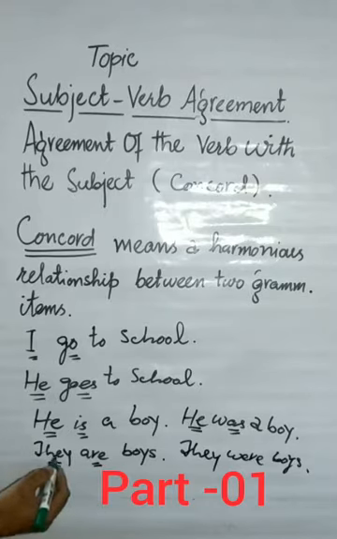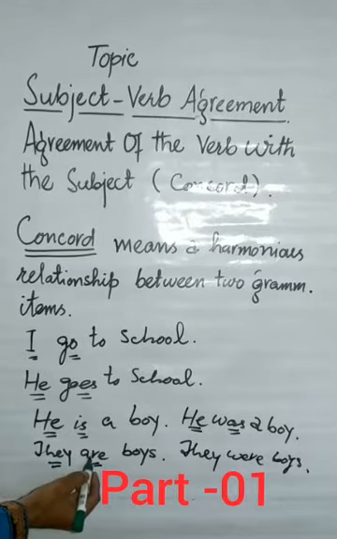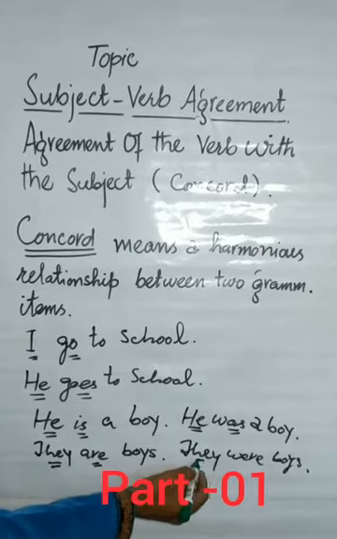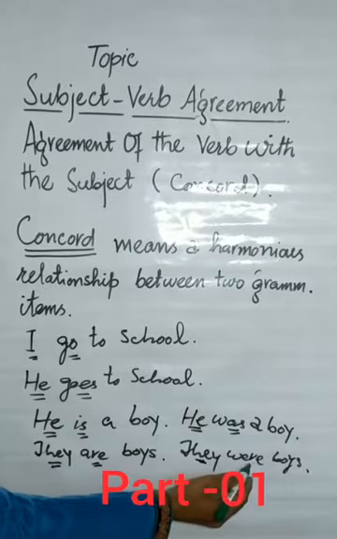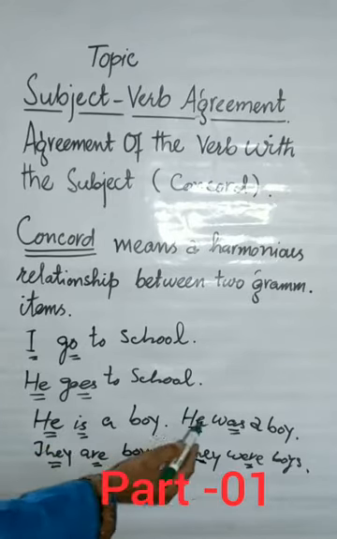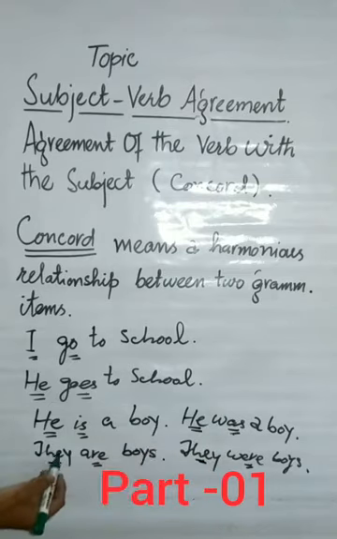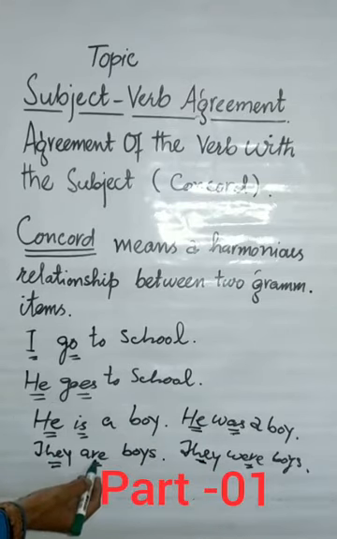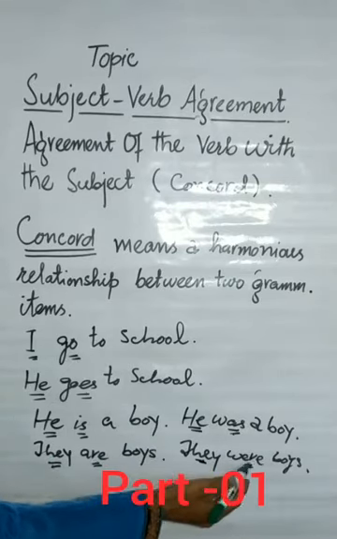This is another grammatical item, it's verb. They always agrees with are, and here in this sentence, they agrees with were in past tense. So we can say that he always agrees with is or was, and they always agrees with are and were.